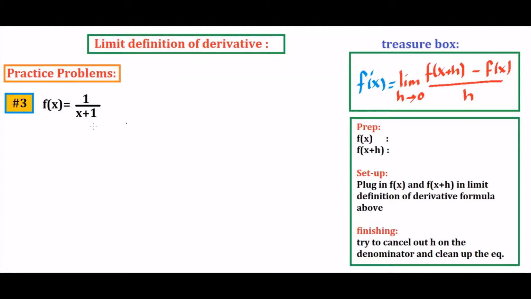Let's see this example. F of x is 1 over x plus 1. Before we start the limit definition of derivative, let's use our advanced knowledge and see what our expectation will be for this problem. So f of x, let's rearrange this function, will be x plus 1 to the -1.